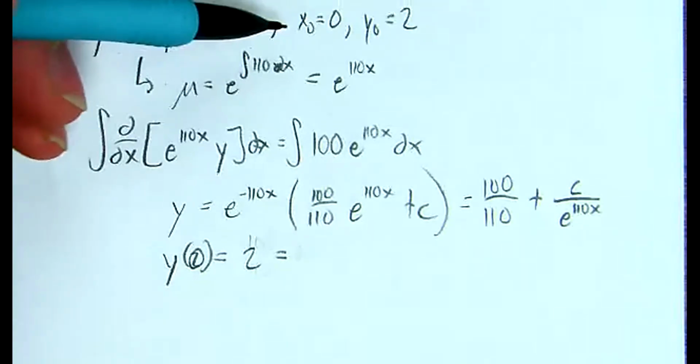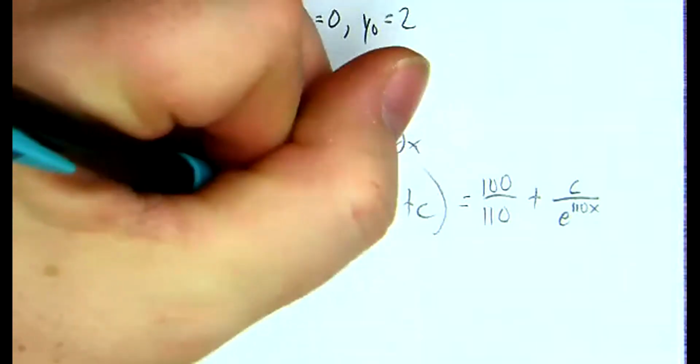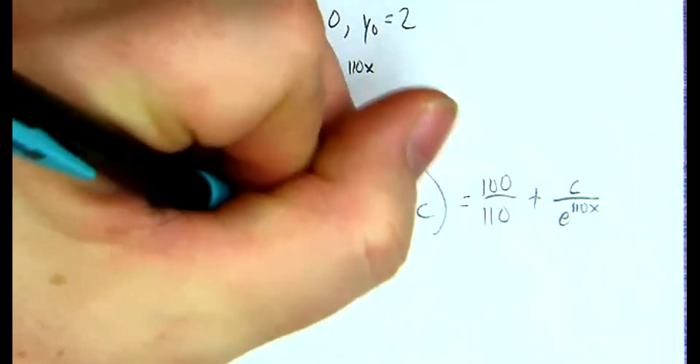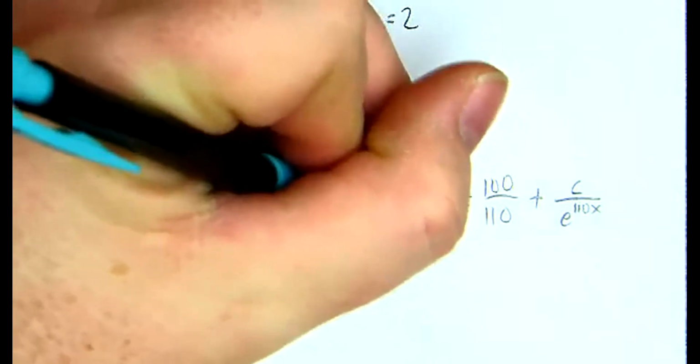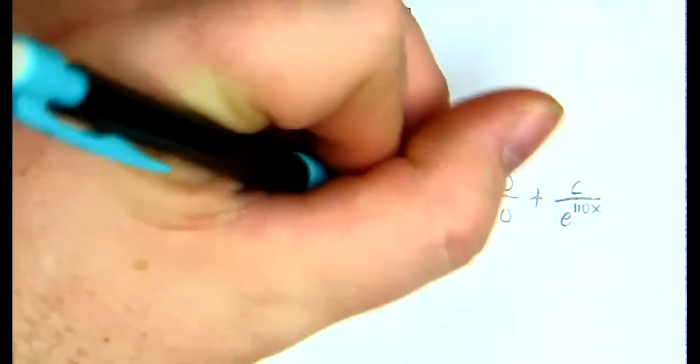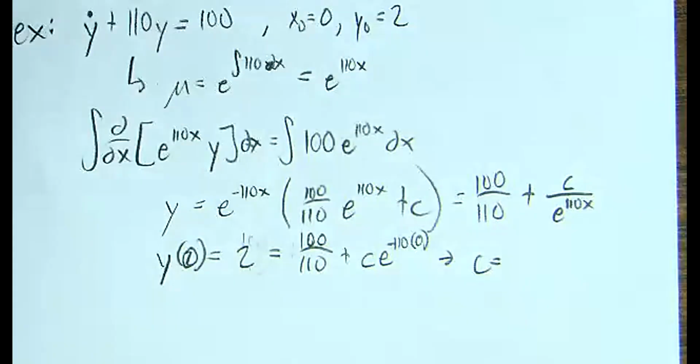Y of 0 is exactly 2, which should be equal to 100 over 110 plus our constant of integration times e to the negative 110 times 0. So our constant is 2 minus 100 divided by 110.